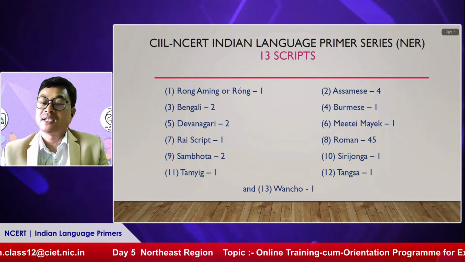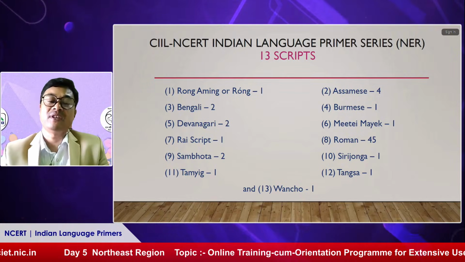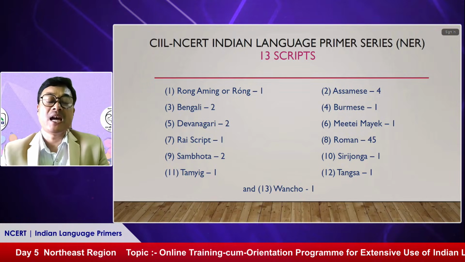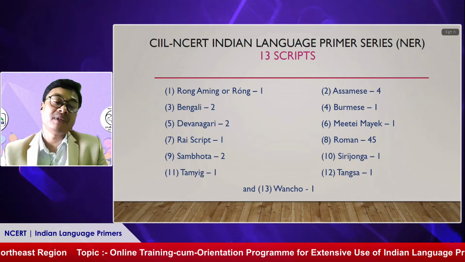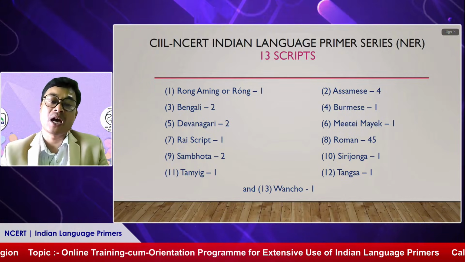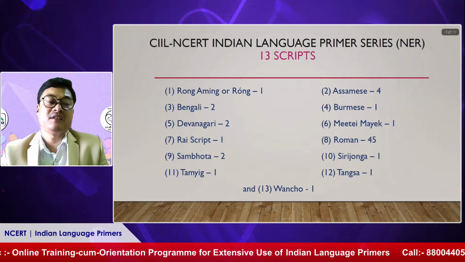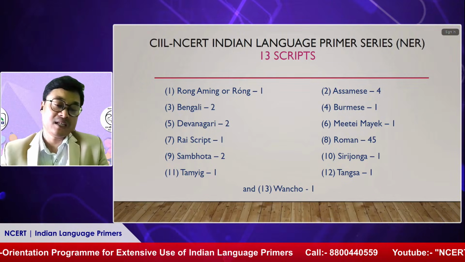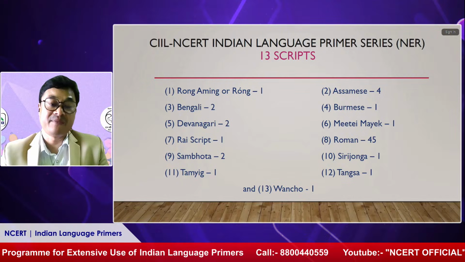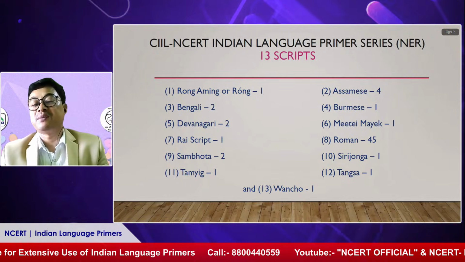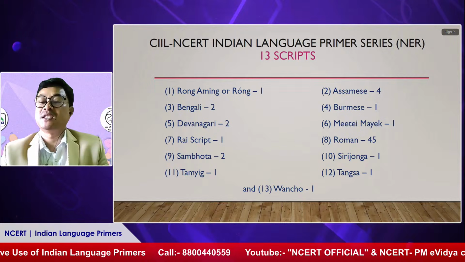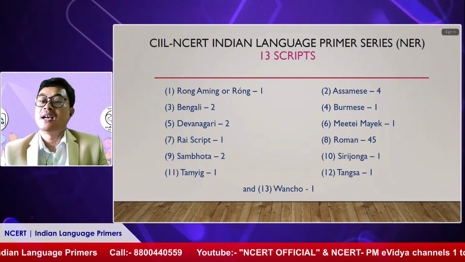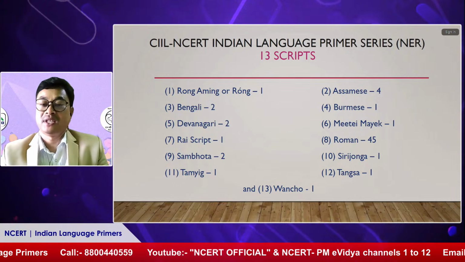Rai script is used in writing the Rai language from Sikkim. Kambota is a Tibetan script. It is used in writing Sherpa and Bhutia languages of Sikkim. Again, Tamil is used for a Sikkimese language called Tamang. Then Assamese script is used in writing Assamese, then Deuri, Rabha and Poch.